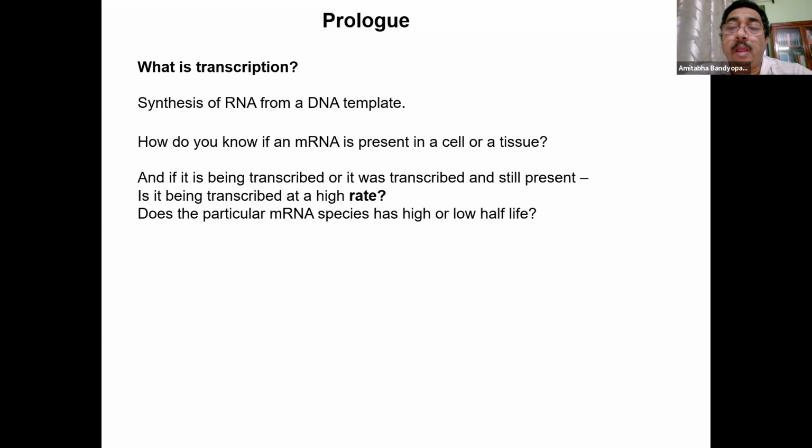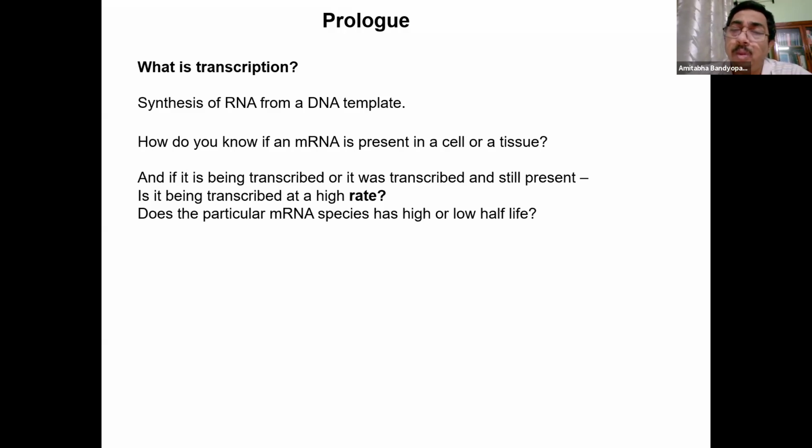So there are some fundamental questions that can be asked, like how do you know if a particular RNA is present in a cell or a tissue? We already have learned some of the techniques: northern, PCR, RT-PCR, qPCR, RNA in situ hybridization, etc. Those are the standard techniques.